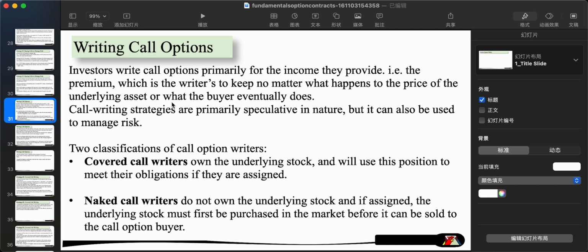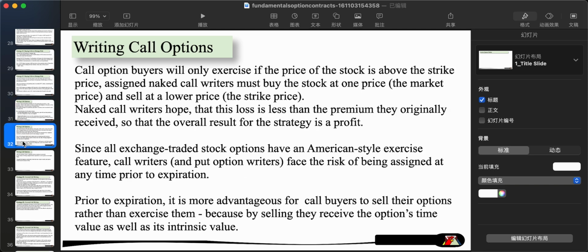If you're selling two contracts, you're buying back 200 shares. That means you'll be bearing $10 per share, so $2,000 in total as your losses, because when you sold the call, you expected the price to go below that $20.